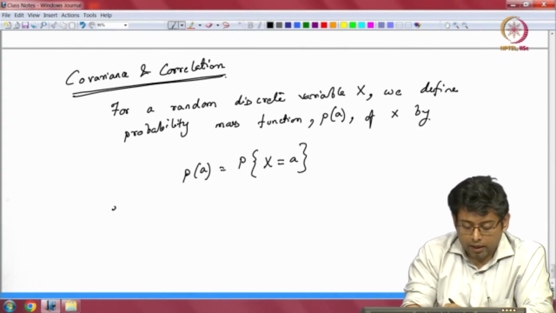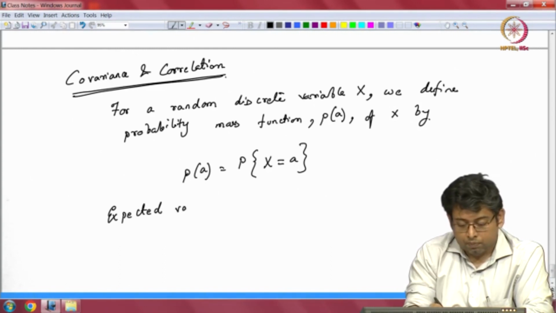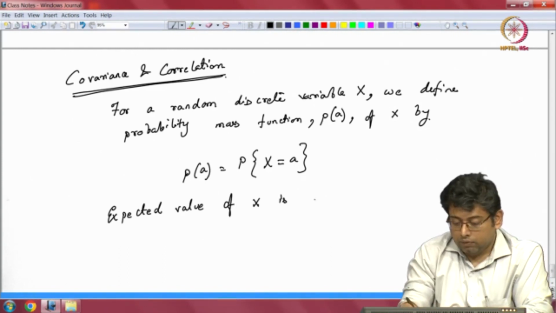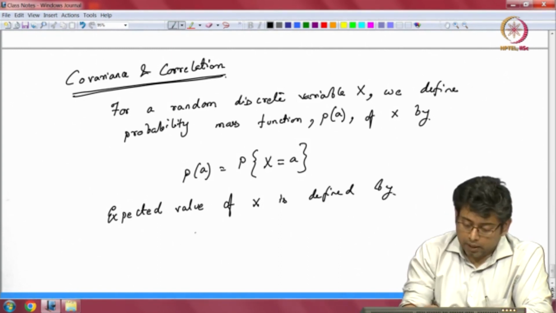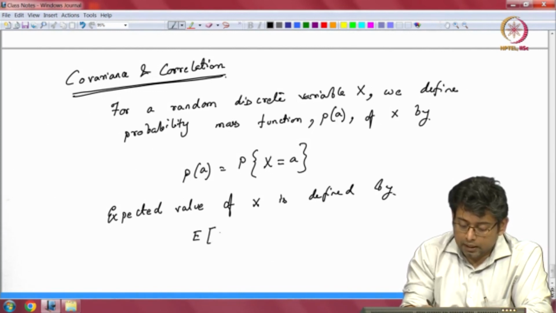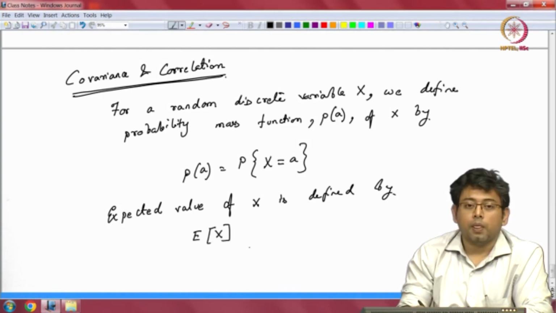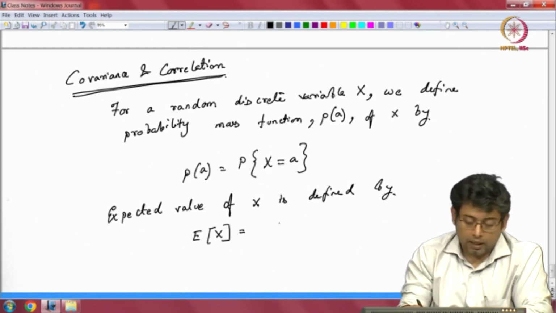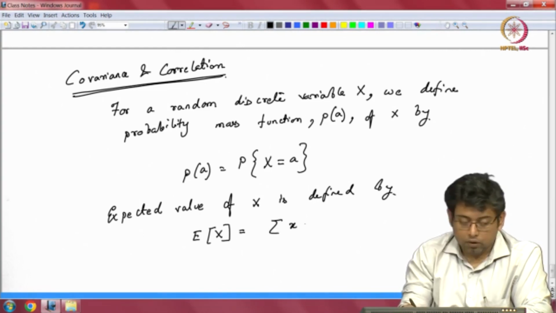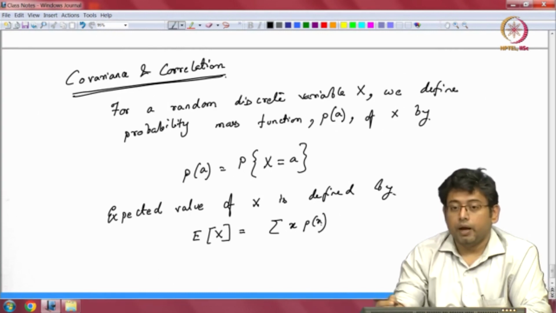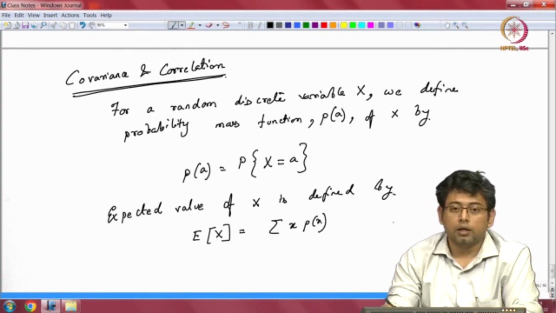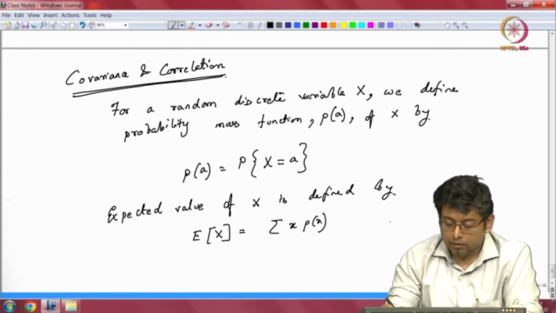Right. So, this is how my probability mass function is defined, and once you have something like this, you can also define an expected value of x. My expected value, often written as E of x, is defined as a sum of x into p of x, where x is a value that the variable capital X takes.